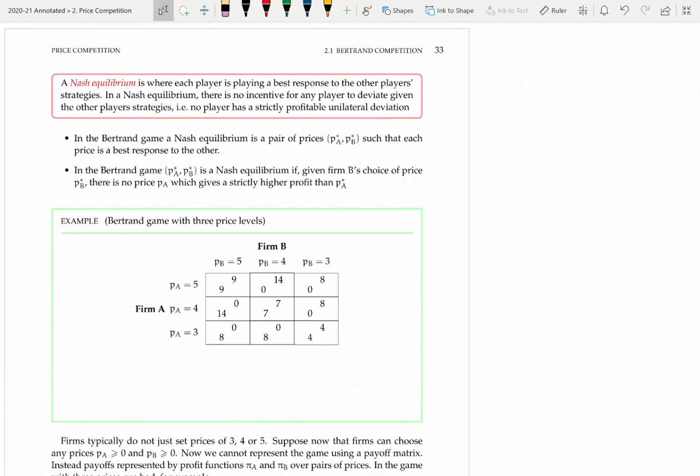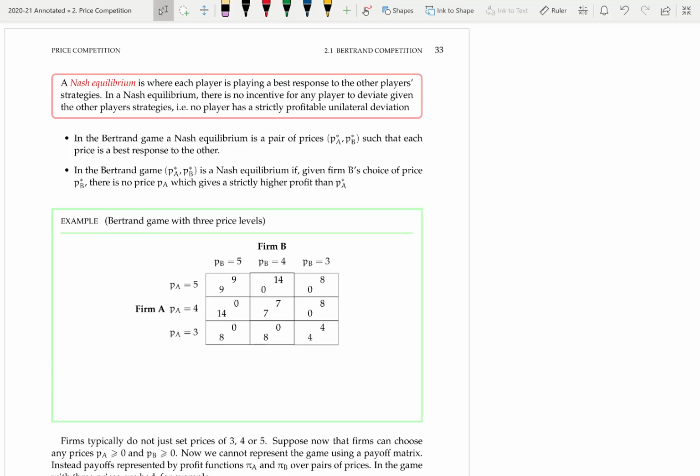A Nash equilibrium is where each player is playing a best response to the other player's strategies. Another way to think of this, in a Nash equilibrium, there is no incentive for any player to deviate given the other player's strategies. No player has a strictly profitable unilateral deviation. If they were to change their strategy, but all other players kept their strategy the same, that's a unilateral deviation.